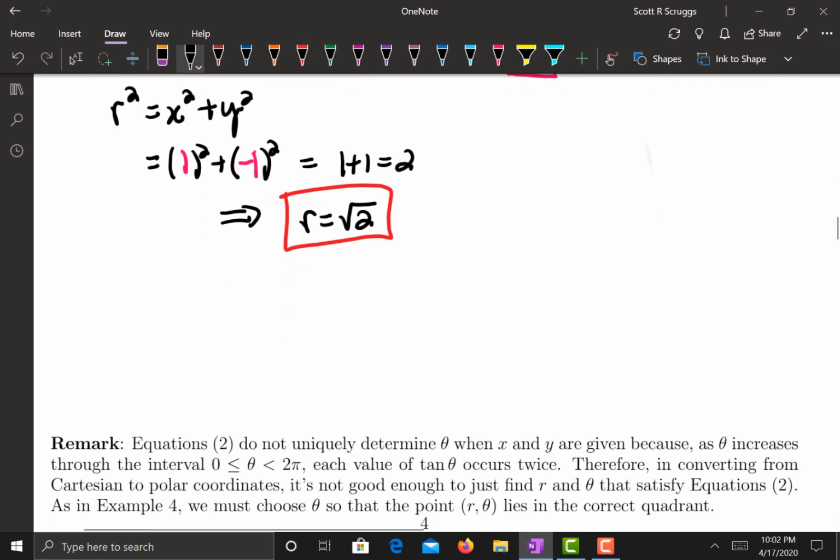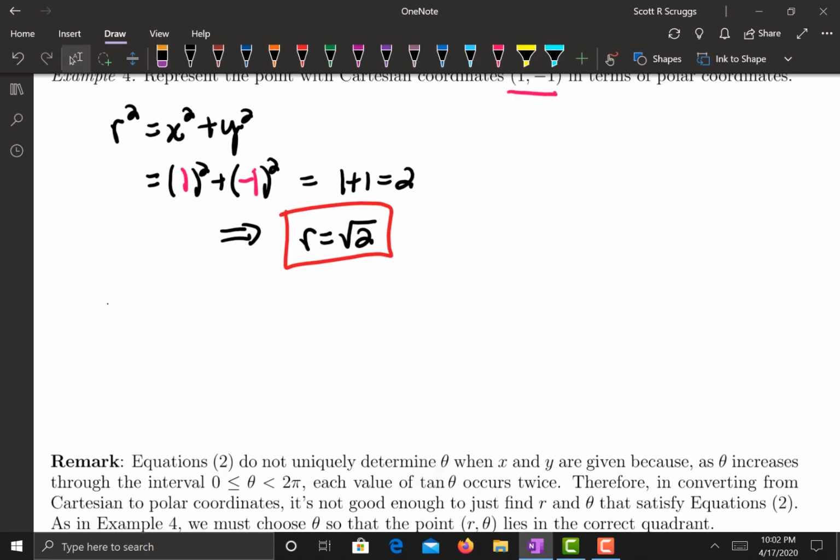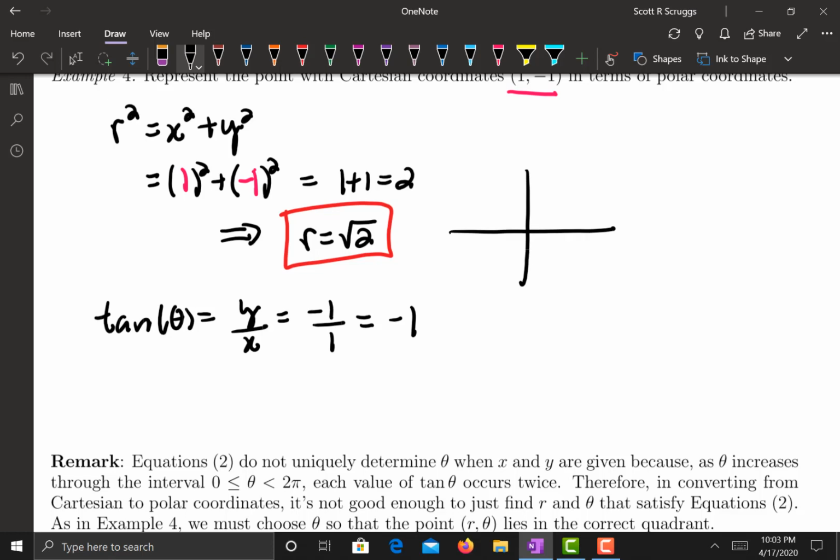Now let's find the angular coordinate. Tangent of theta is opposite over adjacent. So -1 over 1, which is -1. And so there are two values that could give me a -1 that we know. I get a tangent of -1 in both the 2nd and the 4th quadrant.